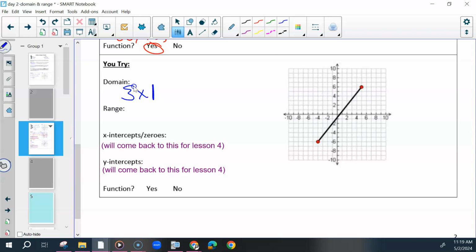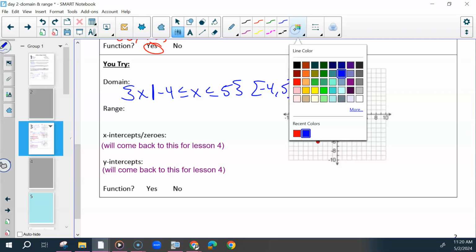What's our furthest point to the left? -4. So -4 less than or equal to x less than or equal to furthest point to the right. And curly brackets in interval notation, square brackets, -4 to 5.